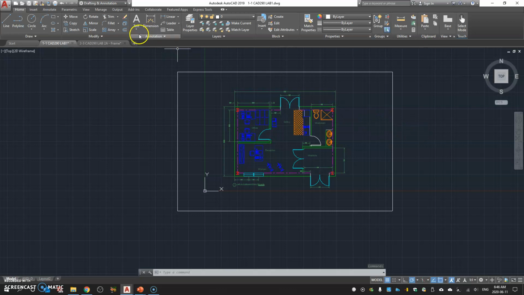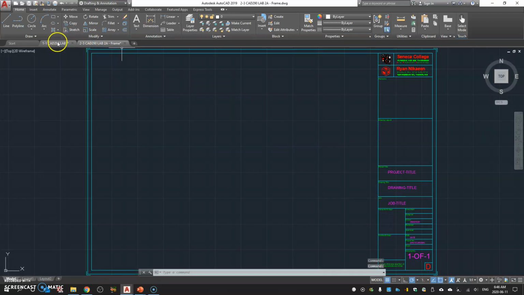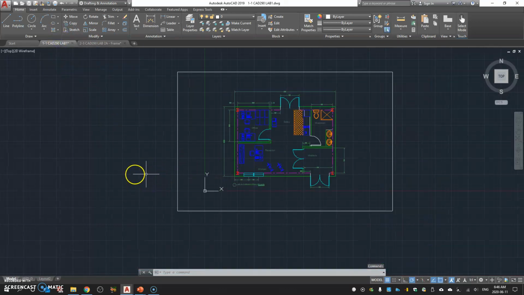There are two ways to put this frame around this one. One way is that we enlarge the D-size sheet, which is very tiny compared to this drawing, compared to the building. Just imagine this is the full-size building, and that's a D-size sheet here. So one way is that you shrink this and put it here. Another way is that we enlarge this frame and put it around the building.